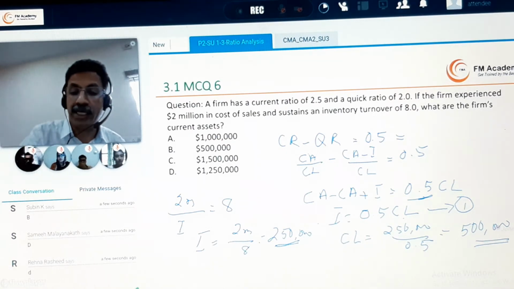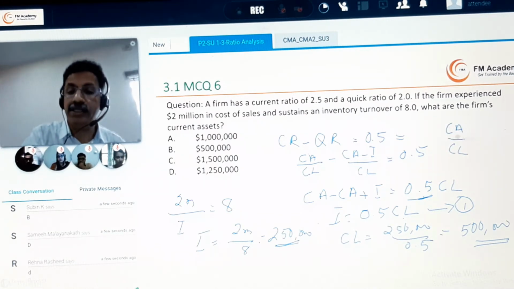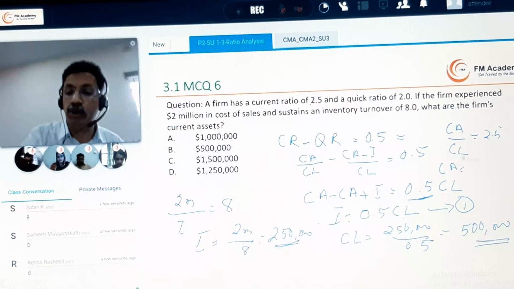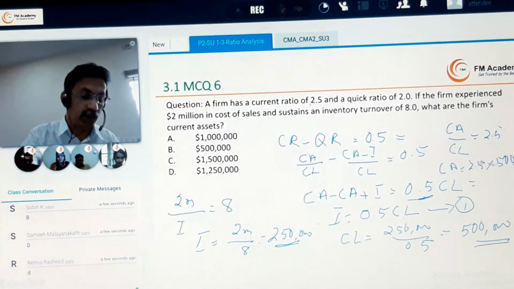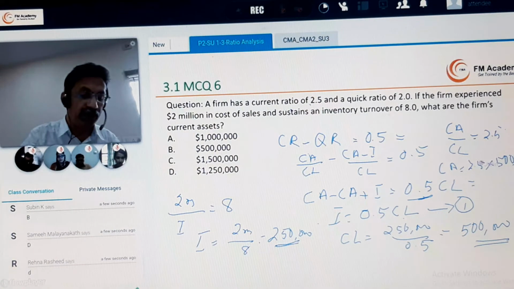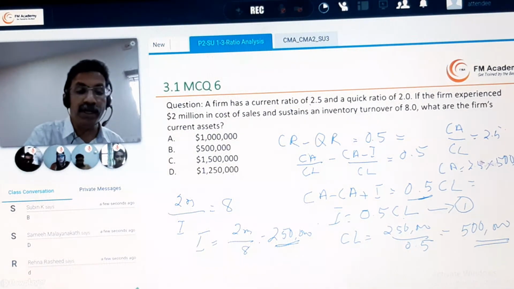It is better to use it in the current ratio to get the current assets, because then you have less work. Current assets divided by current liabilities equals 2.5, which is given. So current assets is 2.5 times current liabilities of 500,000, that is 1.25 million.